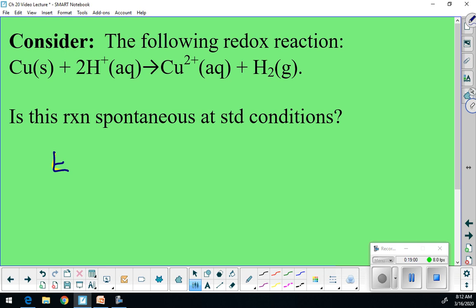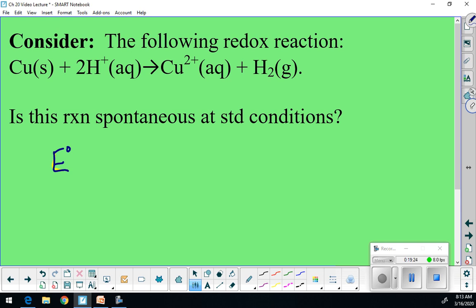That's a pretty ugly color, but that's okay. We're no longer in a cell, so a standard reduction for a redox reaction. Maybe we need some notes.